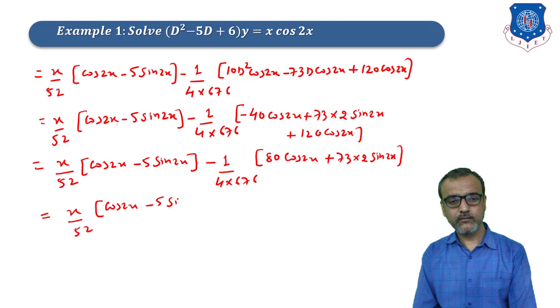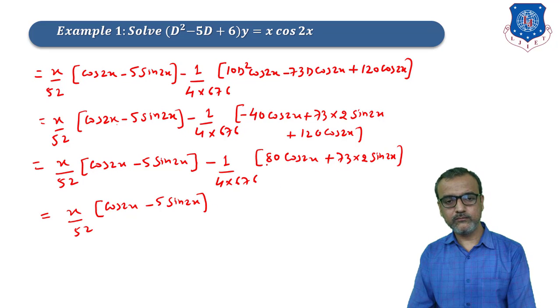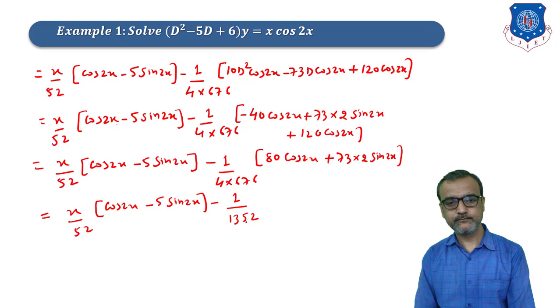We have taken 2 common and multiplied 2 by 1 by 4, so that is 1 over 2, and if you multiply 2 by 676, you will get 1352. And in the bracket we have 40 cos 2x plus 73 sin 2x. So this is the required PI.